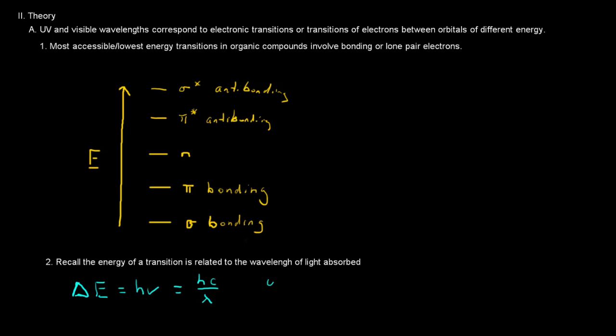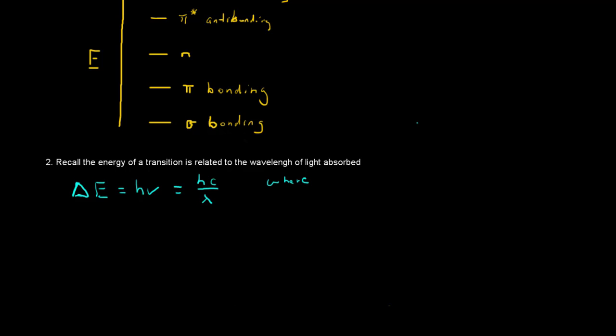And I'll define all of these. So h is Planck's constant, that's 6.626 times 10 to the minus 34th joule seconds. c is the speed of light, which is approximately 3.0 times 10 to the 8th meters per second.